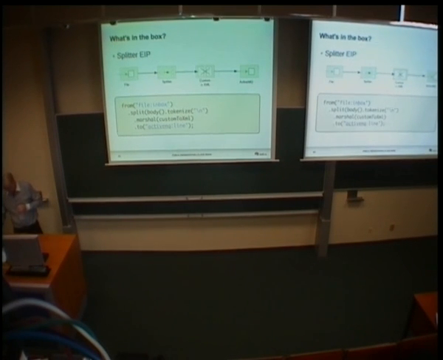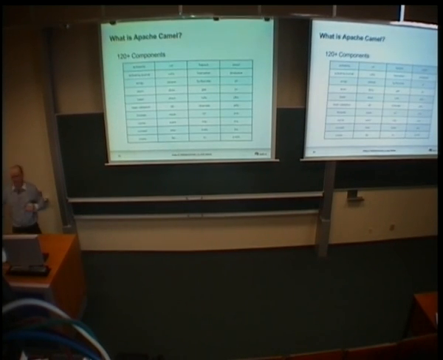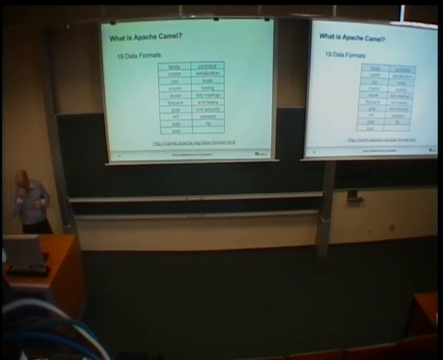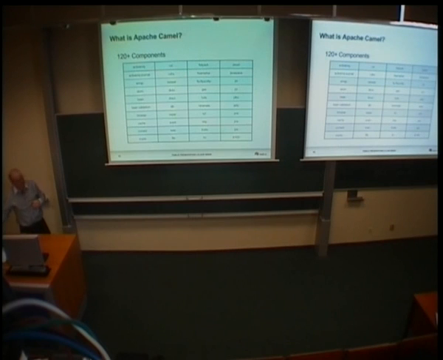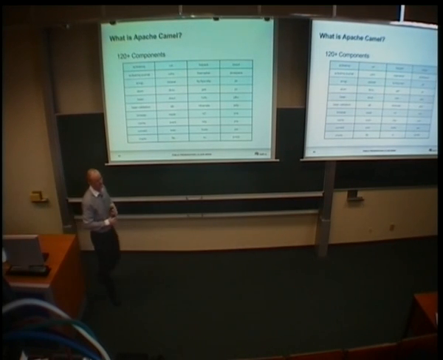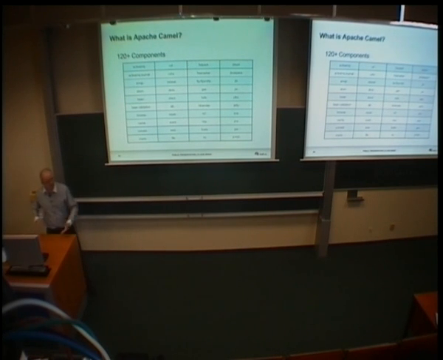Then, yes, in the Camel box, a lot of components. And why do we actually have so many components? It's not like one guy can implement 120 components. No, it is the community. So a lot of people use Camel, and then they need to integrate it with something X, and there's maybe not a component for it, and they maybe get permission to write a component in the company, and then maybe donate that to Apache.